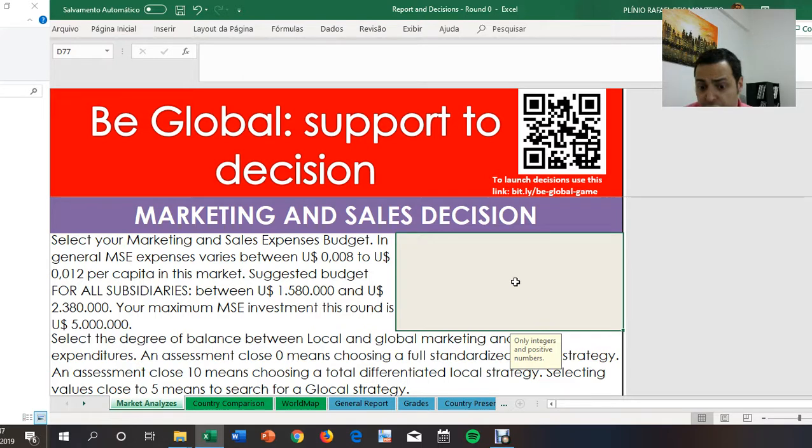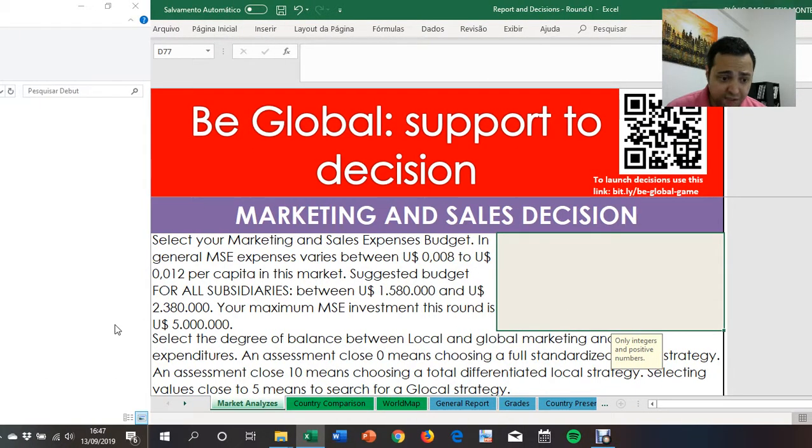This is the suggestion, and I can spend anything that I want, but I cannot spend more than $5 million for the first round. So in the first round, I'm going to accept a lot of risk, and I'm going to invest a lot of money. Let's suppose that I'm going to invest $4.5 million just in marketing.